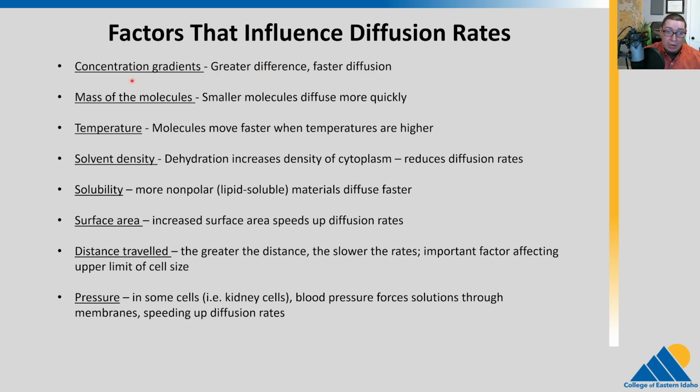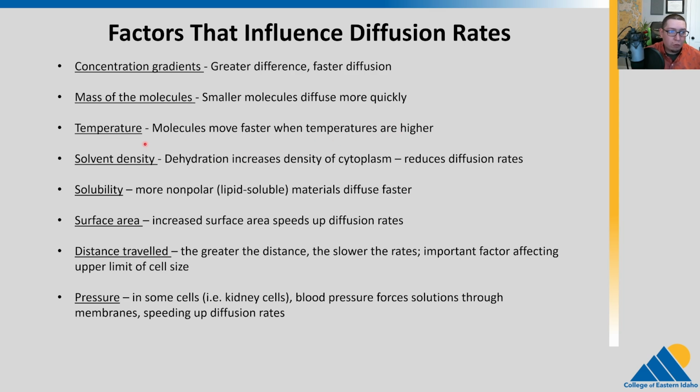The bigger the gradient, the bigger the high to the low, the faster diffusion is going to occur. Also, the mass of molecules is going to impact how quickly they move. Big molecules that are highly massive will move slower than smaller molecules. The temperature. Molecules will move faster when the temperature is higher, so this will impact the rate. Usually for biology, that means as things get cold, they slow down, basically.